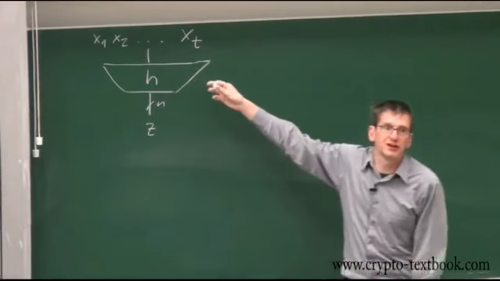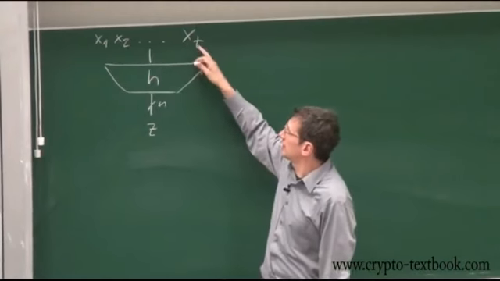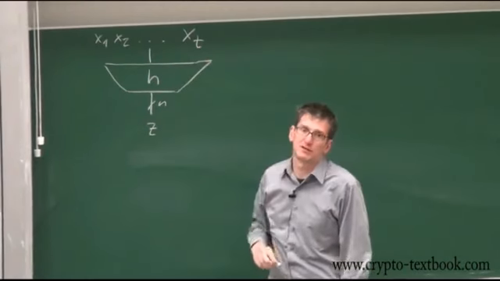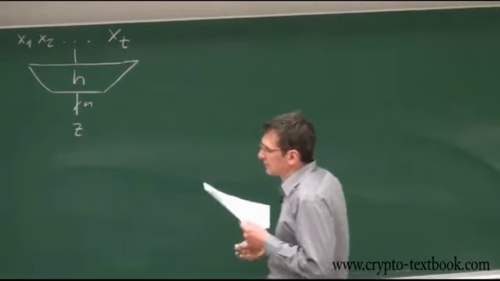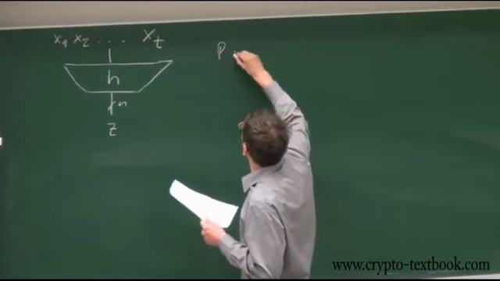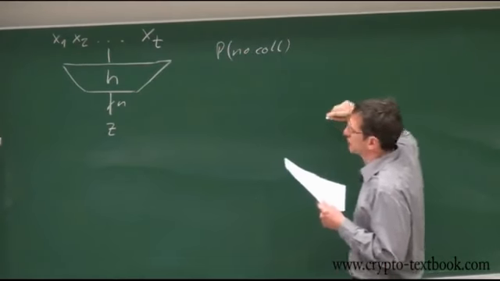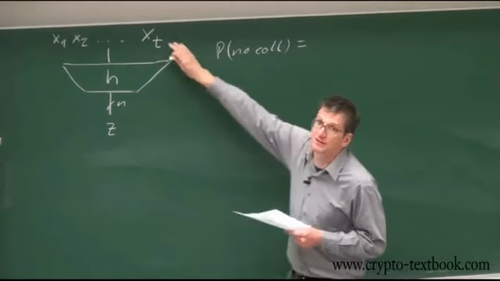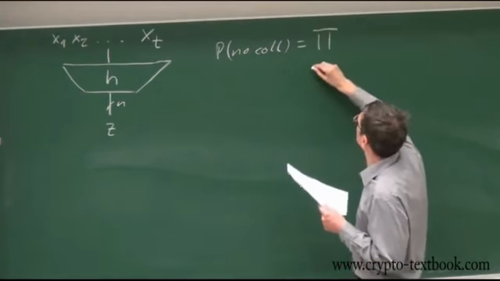So this is the situation with respect to hash functions. We have x1, x2 up to xt, and we have one output here. Again, the probability of no collision with t input values is again this product symbol here.